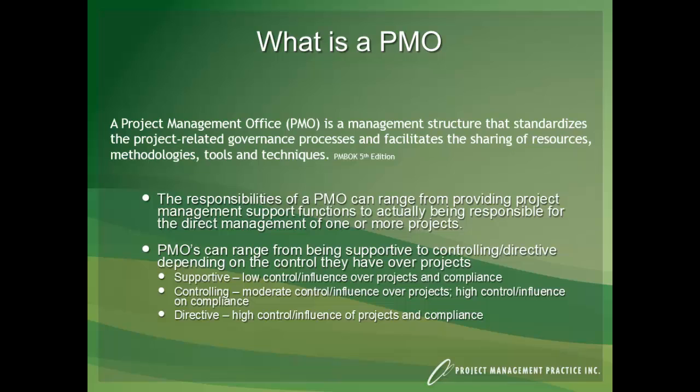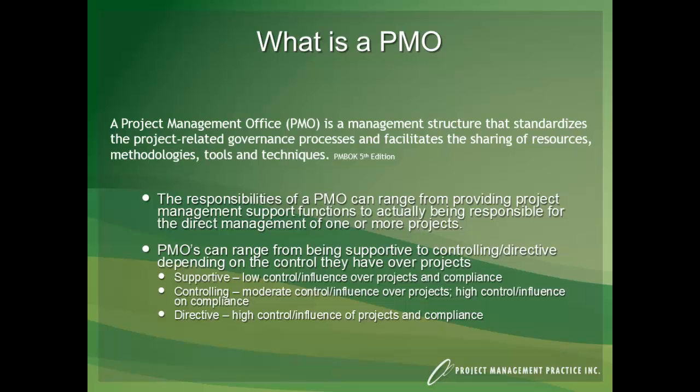You can look at PMOs ranging from being more supportive to being more controlling or directive, depending on the control they have over projects. So when you think about it, a more supportive type PMO will have low control or influence over projects and possibly even compliance of methodology and tools being used. Controlling means that they have moderate control influence over projects, perhaps with a high control influence over the compliance of the methodology and the tools and techniques being applied.